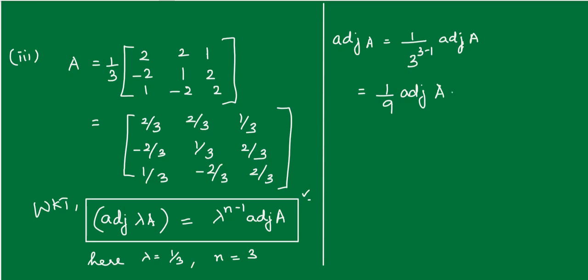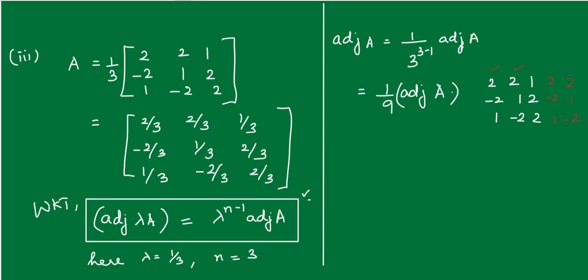So this adjoint of A, shortcut method: 2, 2, 1, minus 2, 1, 2, next 1, minus 2 and 2. So what is the procedure? We repeat the first two columns, minus 2, 1, 2, 1, minus 2.